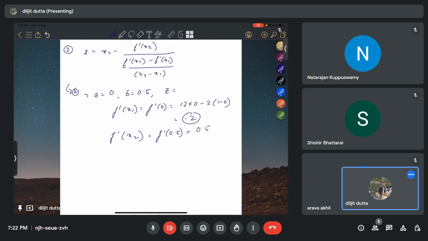So let us get z. Z is equal to x2, where x2 is 0.5, minus f dash x2, which is 0.5, divided by f dash x2 minus f dash x1, so minus of minus 2, so it will be plus 2, divided by x2 minus x1, which is 0.5.